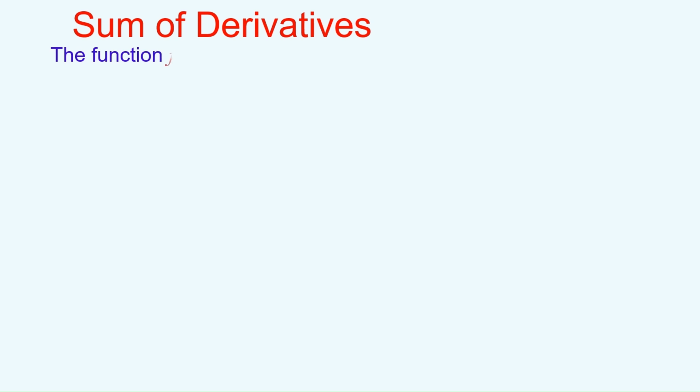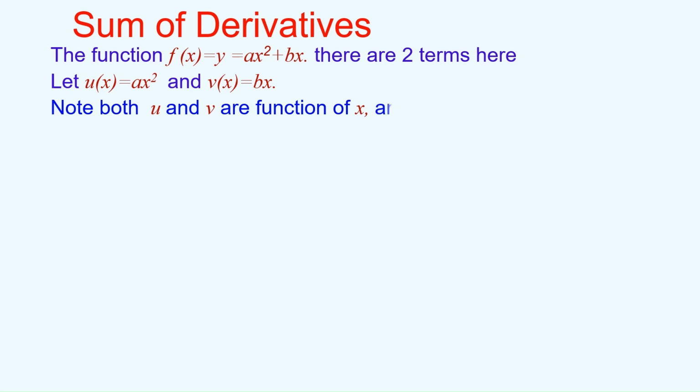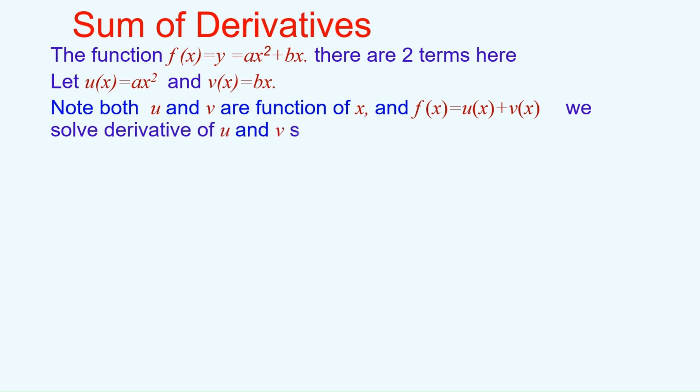The function f(x) equals y equals ax squared plus bx. There are two terms here. Let the function u(x) equals ax squared and the function v(x) equals bx. Note both u and v are functions of x, and function f(x) equals function u(x) plus function v(x).